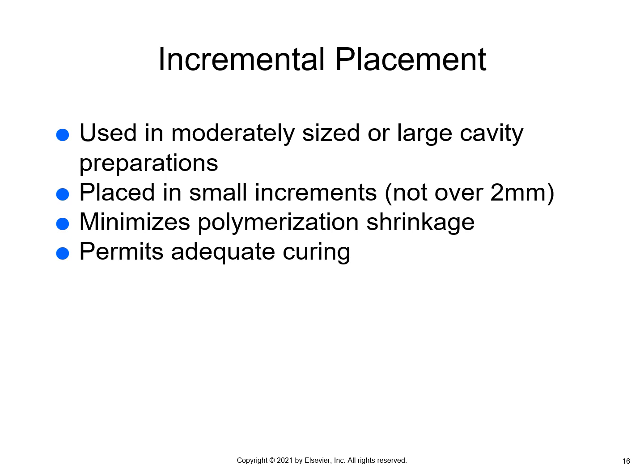This will also allow for adequate curing all the way through. With the exception of some of the bulk materials that they have out there, you want to make sure that we get a good cure and that we reduce that shrinkage as much as possible so that we don't have micro leakage or sensitivity with that tooth.